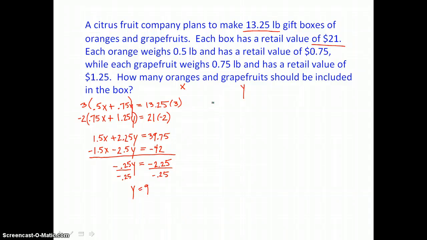And now that I know the number of grapefruits is equal to 9, I can go back to either equation, and I'm going to choose the first one to solve for x, or the number of oranges. So I'll substitute in 9 for y, and I'll solve for x. So I'll multiply first, and I get 6.75.